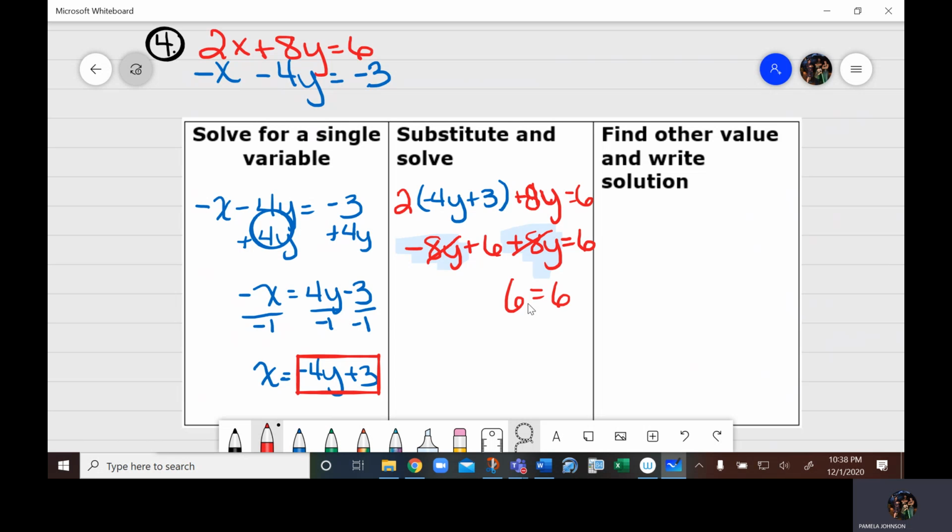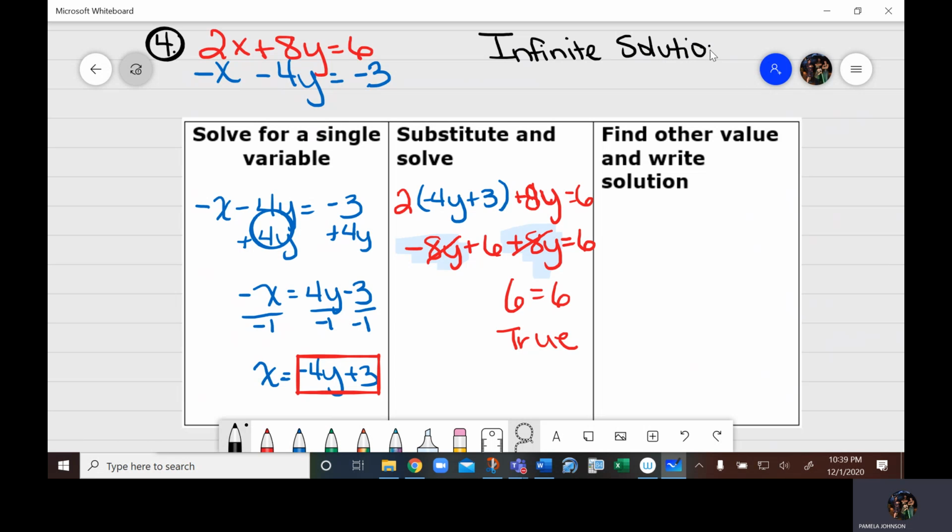However, this time, the equation that we're left with is actually true. 6 does equal 6. Because this is true, then we have infinite solutions. This is a special case where we have infinite solutions.